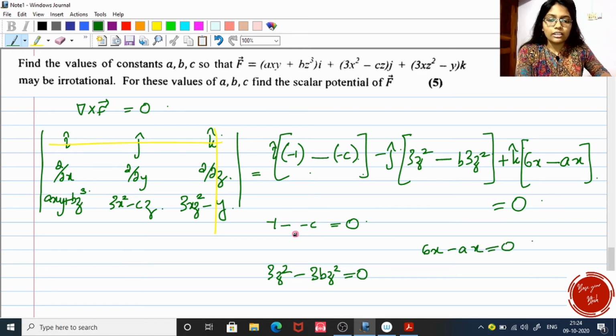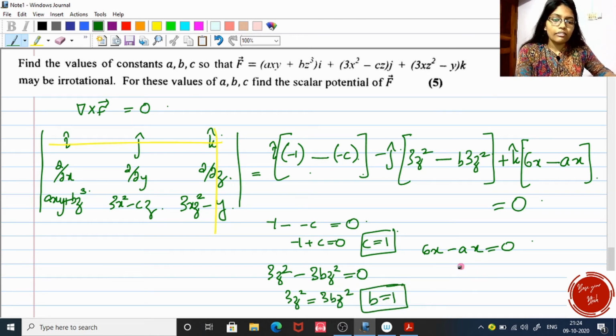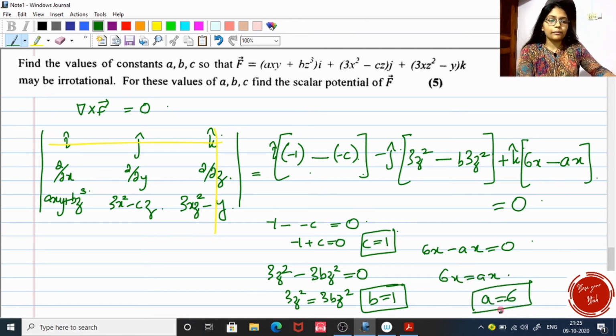Okay, solving it out we get minus 1 plus c is equal to 0, so c value is 1. And 3z square minus 3bz square, so 3z square equal to 3bz square, b value is also 1. Finally 6x equal to ax, so a value is 6 by just comparing.